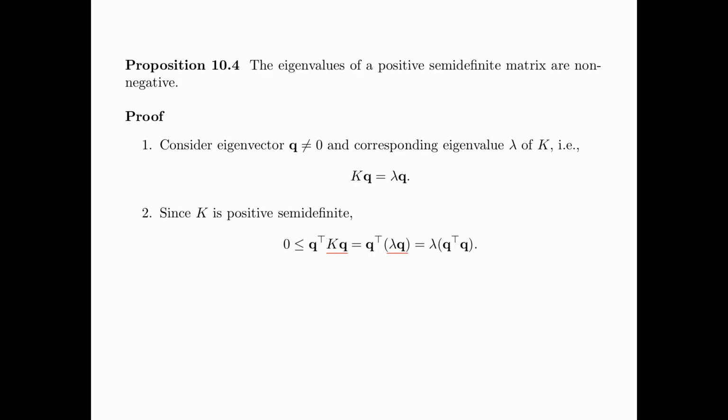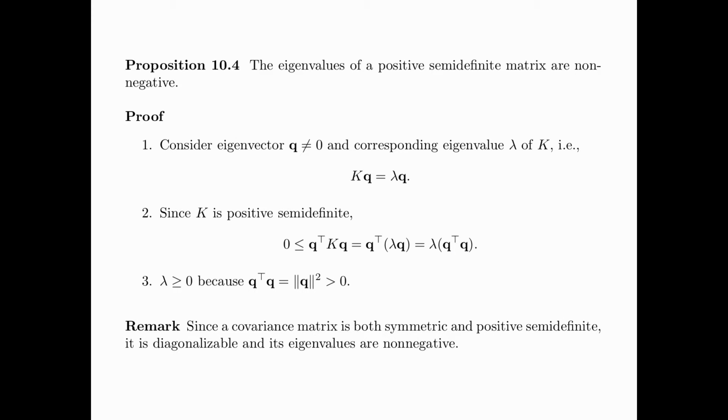Now KQ is equal to lambda Q from the above, and so this is equal to lambda times Q transpose times Q. Now Q transpose times Q is the magnitude square of the vector Q, and so it is strictly positive, and therefore we see that lambda is greater than or equal to 0. This proves the proposition.